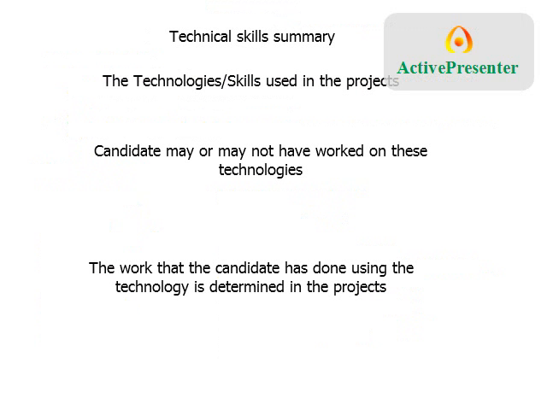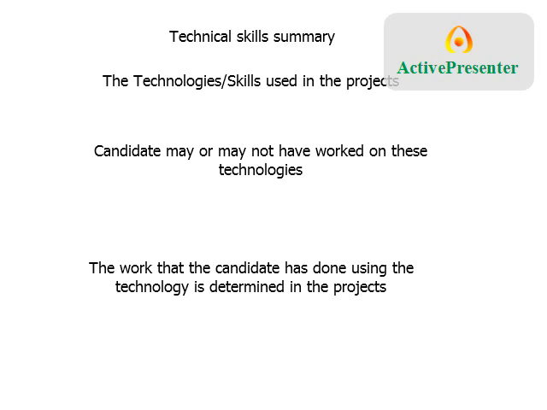To summarize, the technical skill summary gives the technologies or skills that have been used in the projects the candidate has worked on. In fact, some of these skills and technologies may be something that have not been used, something the candidate has only learned.